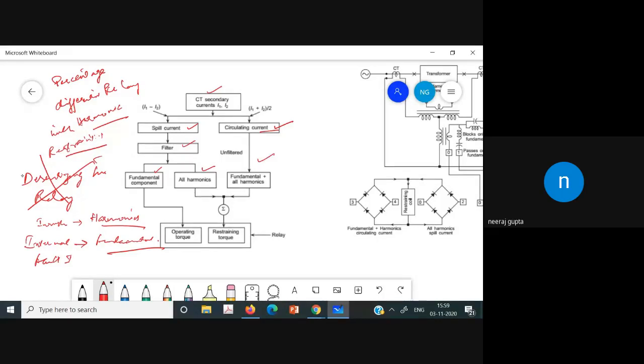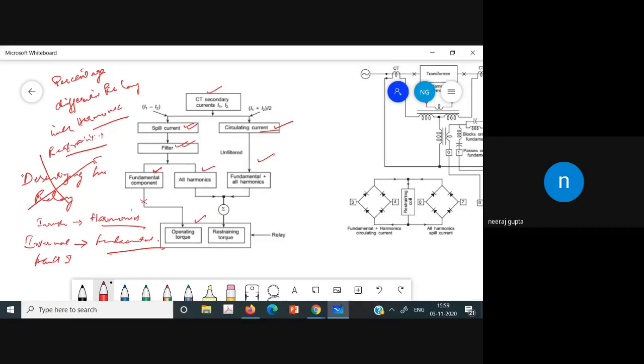Otherwise, if the spill current is there and we filter it, and no fundamental component is there, and all harmonics is there, then it will not operate. However, if the fundamental component is present in that, then operating torque is there.